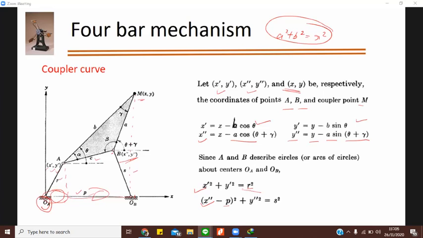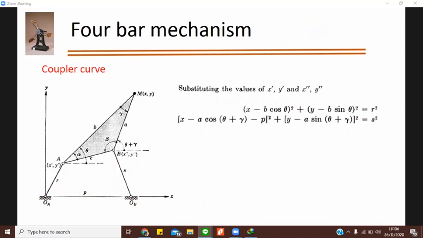Because x double dash is defined with respect to this point, and you have to subtract P from there because your circle is moving with respect to this point. So you need x from here. Y will be the same. So y double dash square is equal to s square. So these are the two equations for the circles that your A and B are making.